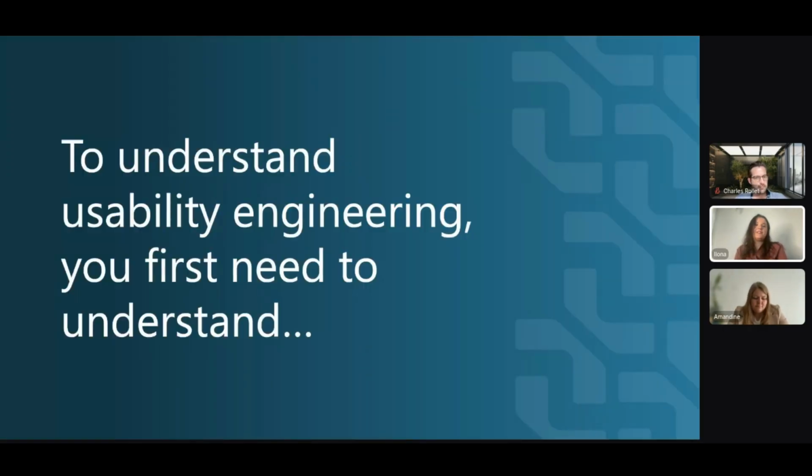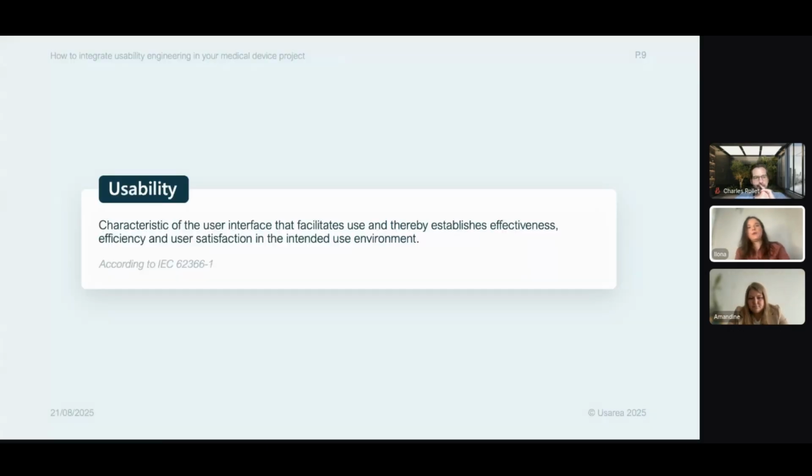To understand usability engineering, you first need to understand what usability is. It's a characteristic of the user interface that facilitates use and thereby establishes effectiveness, efficiency, and user satisfaction in the intended use environment.